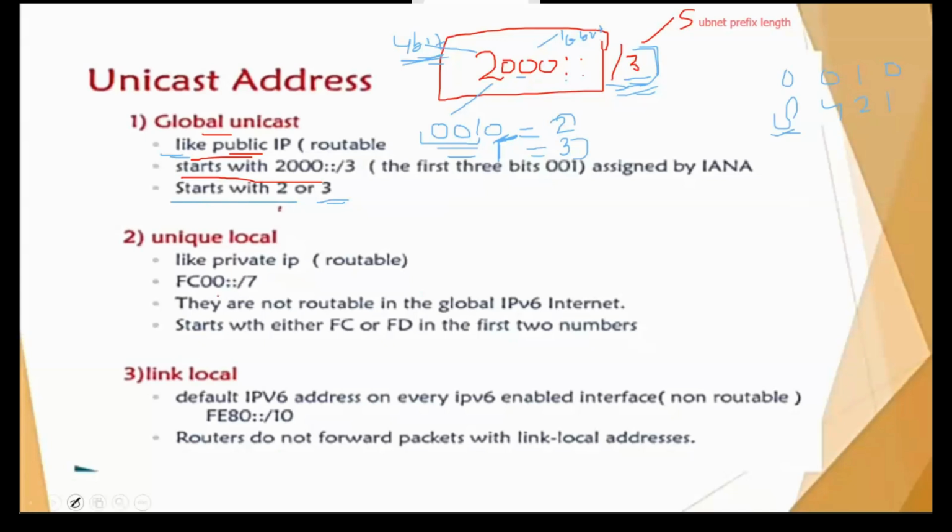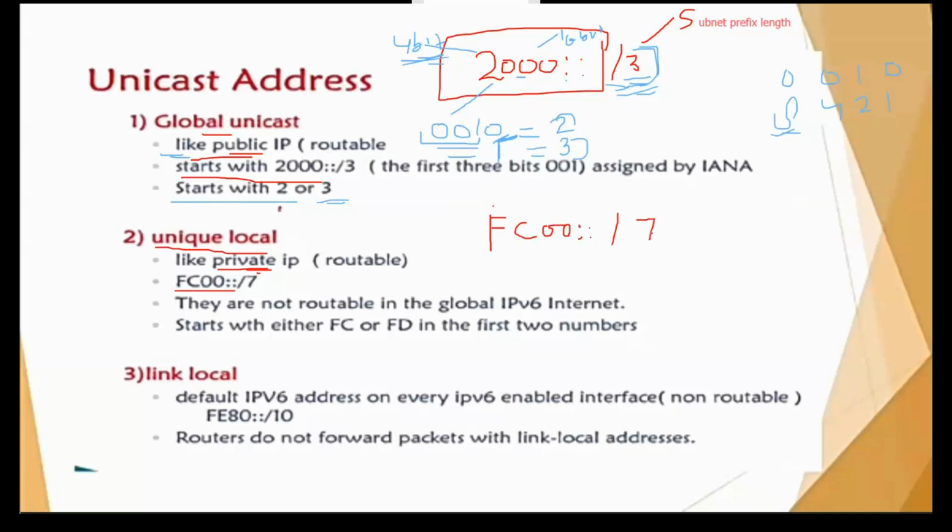After that, the next is unique local. Unique local is like a private IP address. That means if you want to create a LAN, which IP will you assign there? For that, the range is FC00 colon /7.